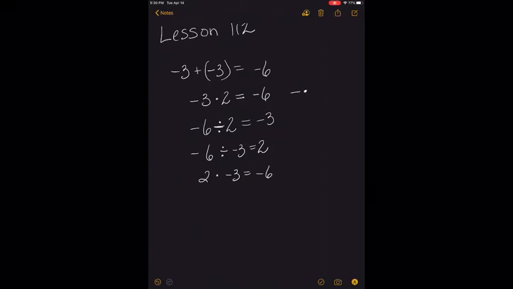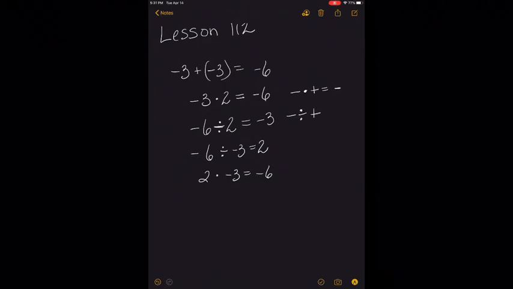So what we can glean from this is that when you have a negative times a positive number, your product will be negative every time. So when we're adding, right, it depends on which number's bigger and all of that stuff. But when you're multiplying and dividing, if one is positive and the other's negative, it yields a negative.